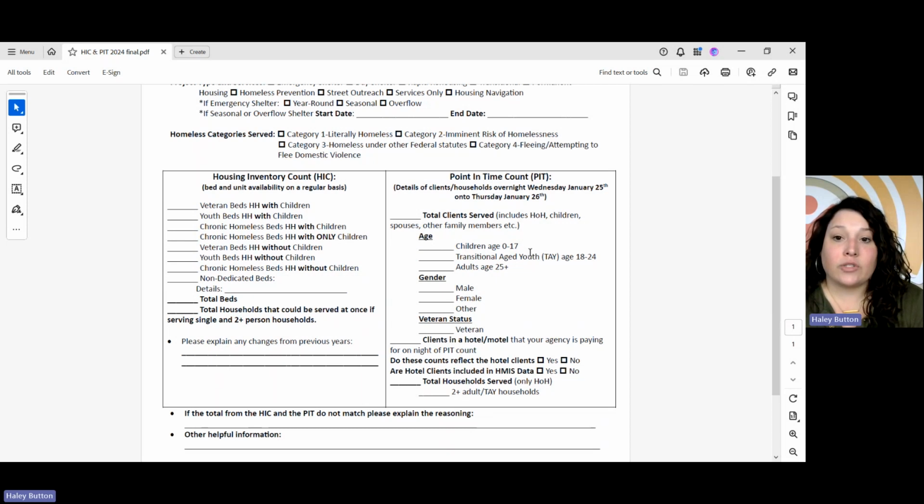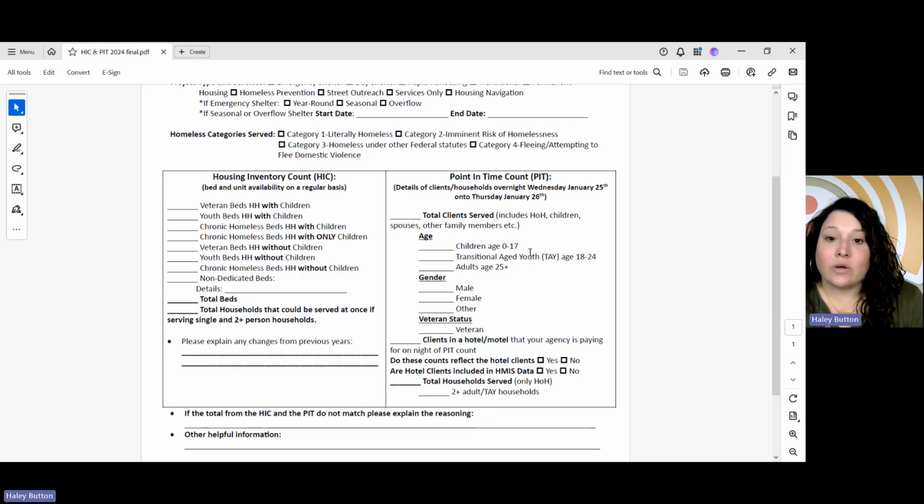And then on the right side, we have the point in time count. This is a snapshot of what's happening in your shelter or your project during the overnight hours of Wednesday, January 25th on to early Thursday morning of January 26th. So we have the total clients served and then a little demographics about them, such as their age, gender, and veteran status. We also want to know if you have any clients in hotels.